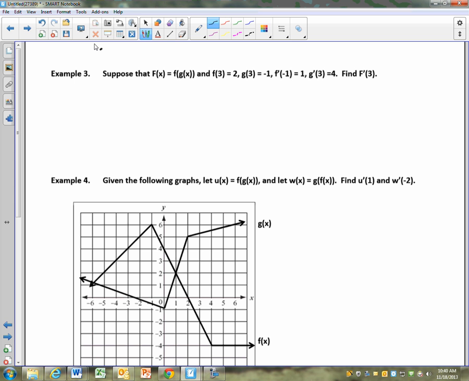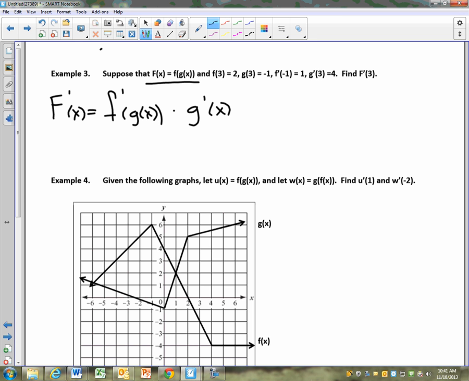Okay, let's try an easier problem. When you do the chain rule, it says, suppose that f of x is a composition of f of g of x.